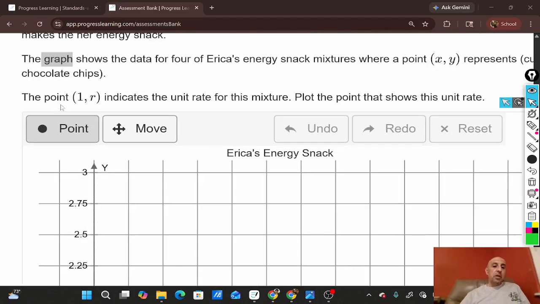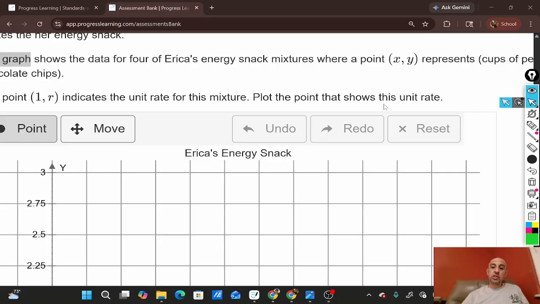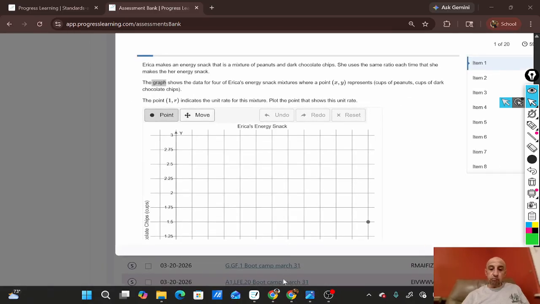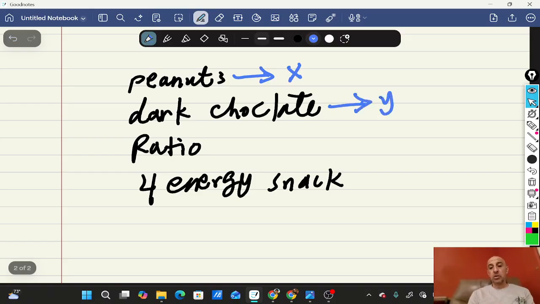So the question is, the point (1, r) indicates the unit rate of this mixture. Plot the point that shows the unit rate. Going back to the information, the cups of peanuts represent the x coordinate, and the cups of dark chocolate represent the y coordinate.